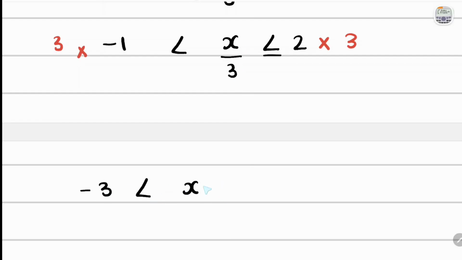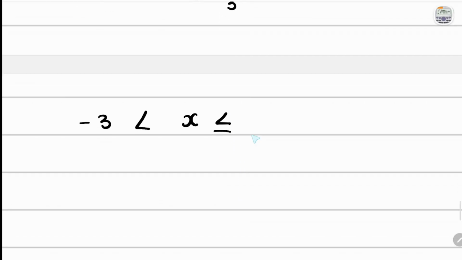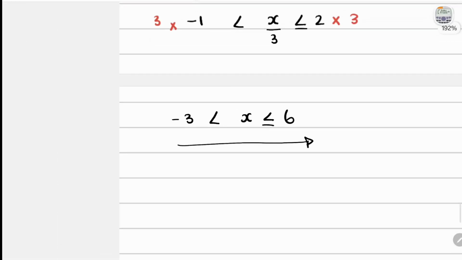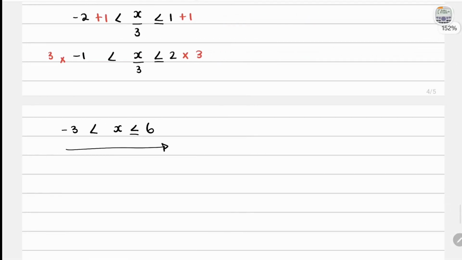Now that is just x on its own, is less than or equal to, and 2 times 3 is 6. So this inequality says x is greater than negative 3 but less than or equal to 6. That is our answer. Okay, moving on to the next question.